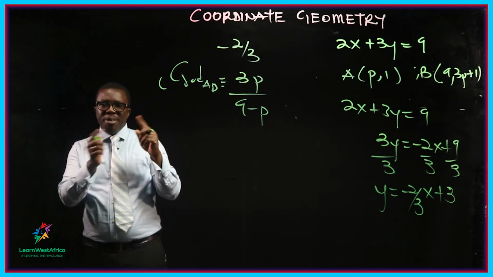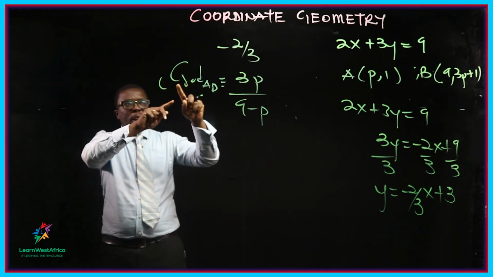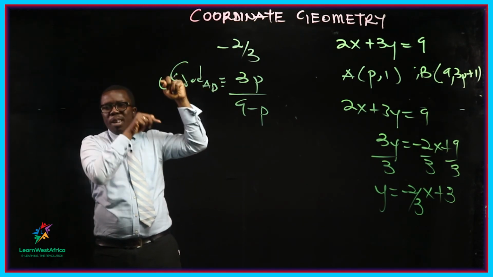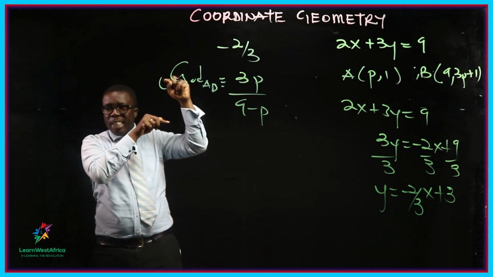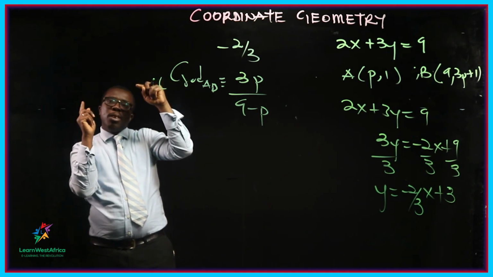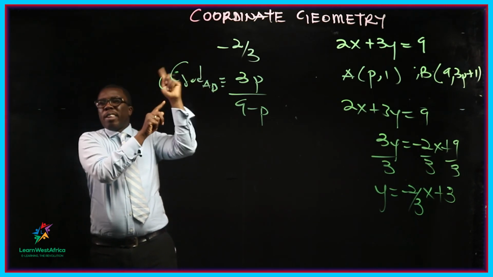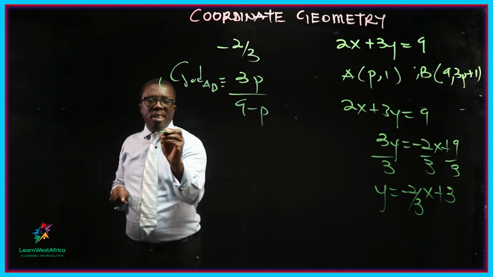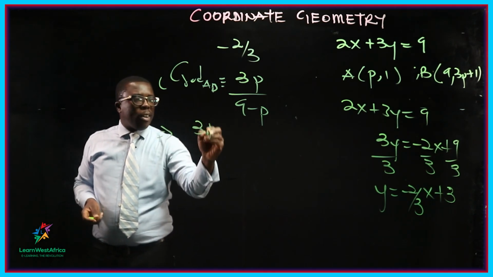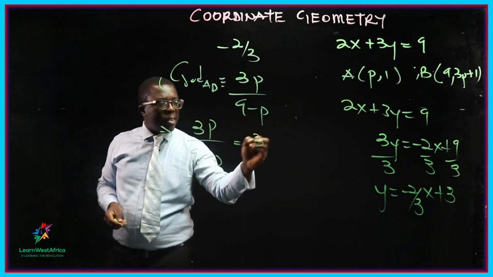The 3 goes up, the 2 comes down, the negative still pending, then you push the negative in, and you get 3 over 2. So the negative reciprocal of minus 2 over 3 should be equal to this. Hence, we can say that 3p all over 9 minus p should give us 3 over 2.